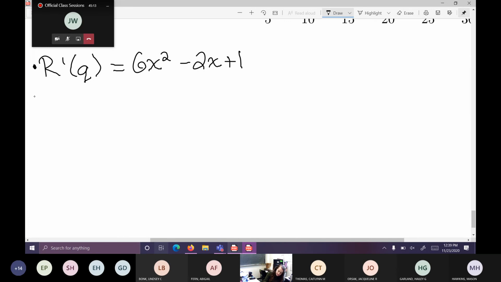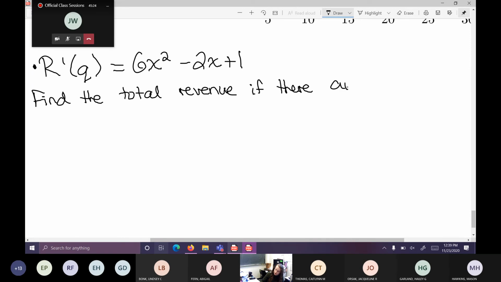And say you were asked to find the total revenue if there are, let's just do 20 sales. So there's a question very similar to this one on your homework as well. So if we want to know the total revenue at 20, we want R of 20.